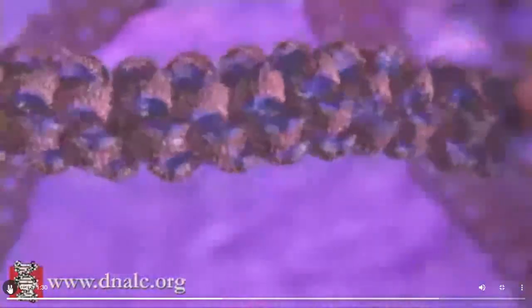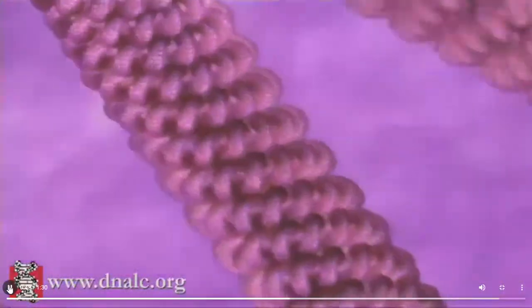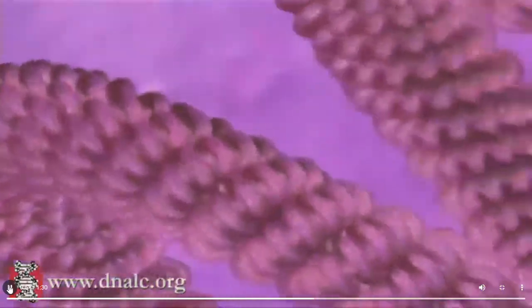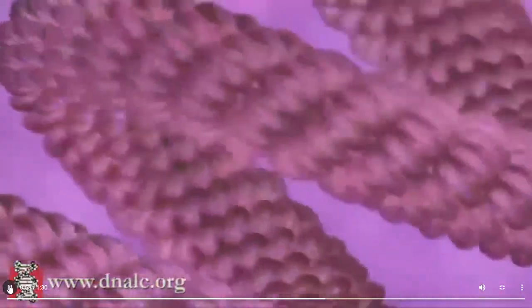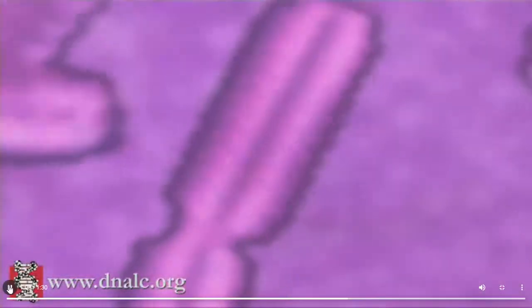This fiber is then looped and further packaged using other proteins which are not shown here. The end result is that the DNA is tightly packed into the familiar structures we can see through a microscope: chromosomes.